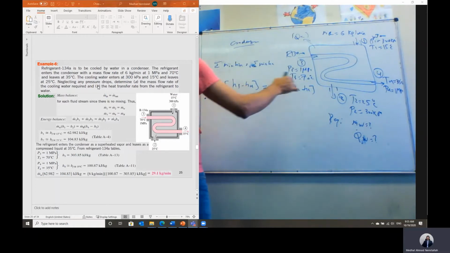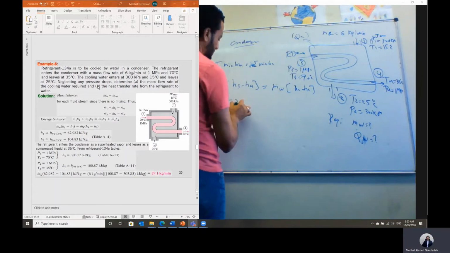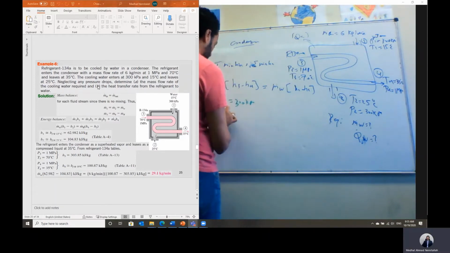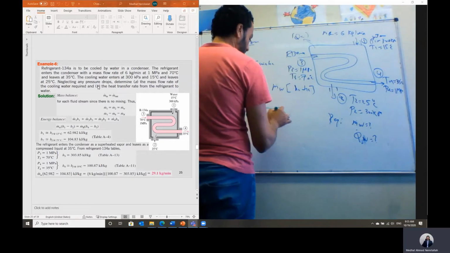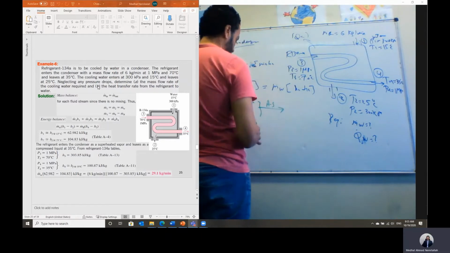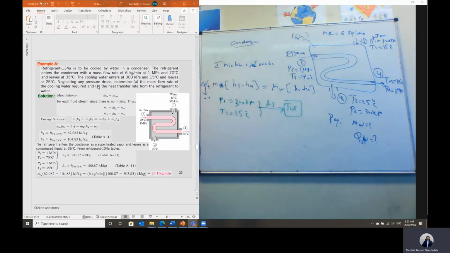But we need to calculate all of these enthalpies at the different points. We have pressure and temperature at all points. At point 1, pressure P1 is equal to 300 kilopascal, and temperature T1 for the water is 15 degrees C. So pressure and temperature are given. I will go to table A5 and get the saturation temperature with the pressure.